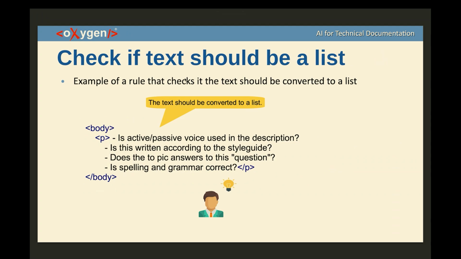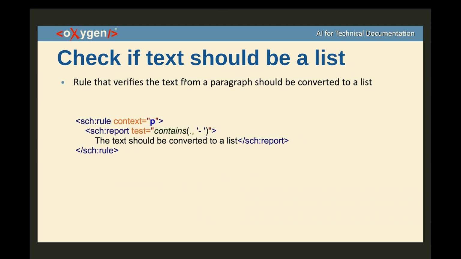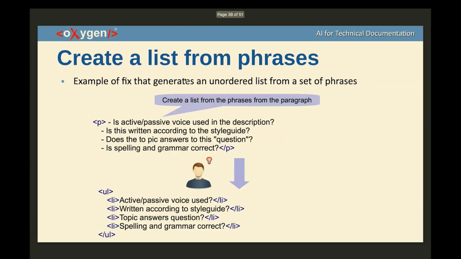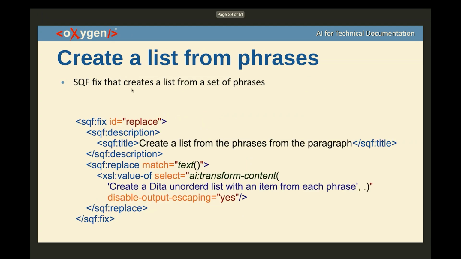Another example would be to create structured content. So let's say you have some lists that are written with dashes, and then you can say, okay, if in my paragraph I have some dashes, this means that I need to have a list. And then I can have a quick fix that will create a list from the dashes in the paragraph. And for this I can use AI.